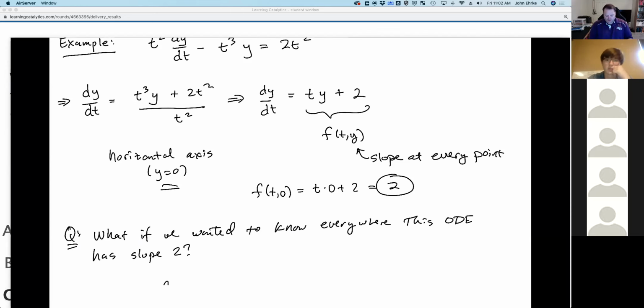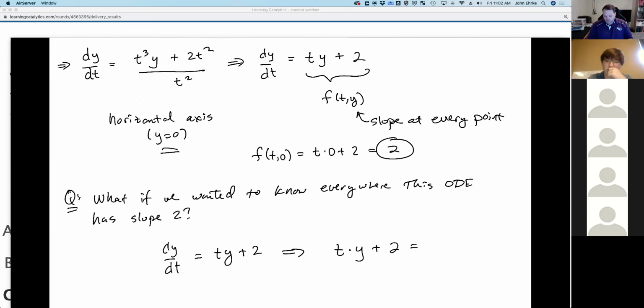Well, the way the differential equation is written, I know the right-hand side is the slope. So I'm basically saying take the right-hand side and set it equal to 2, right? Well, if you solve for y, what do you get?